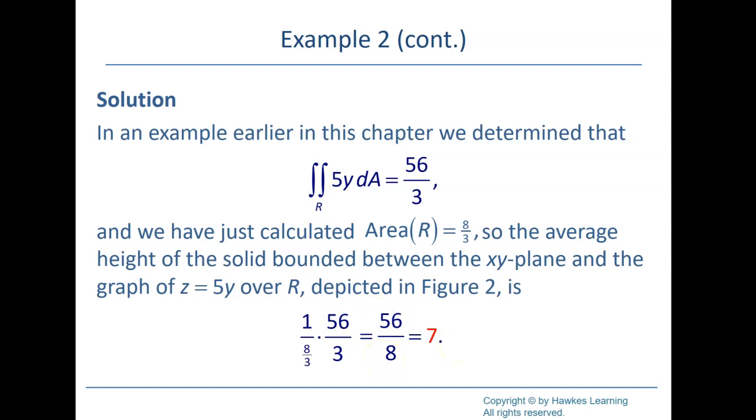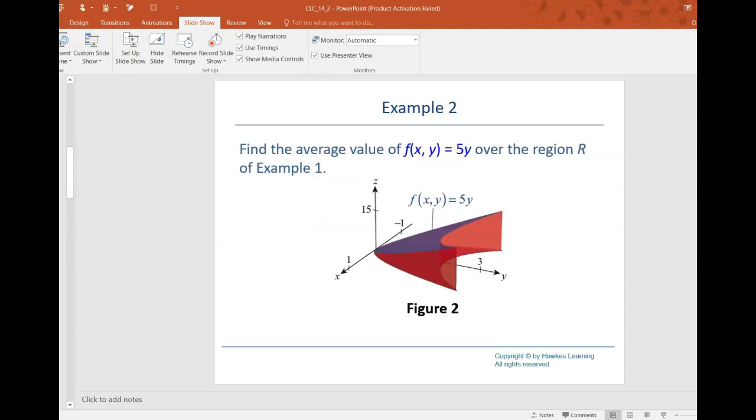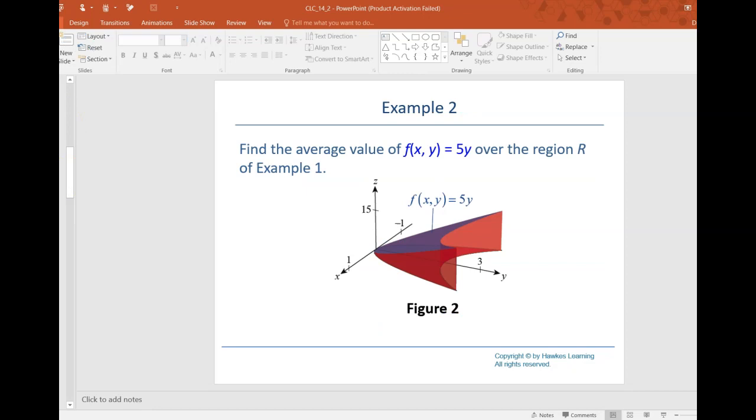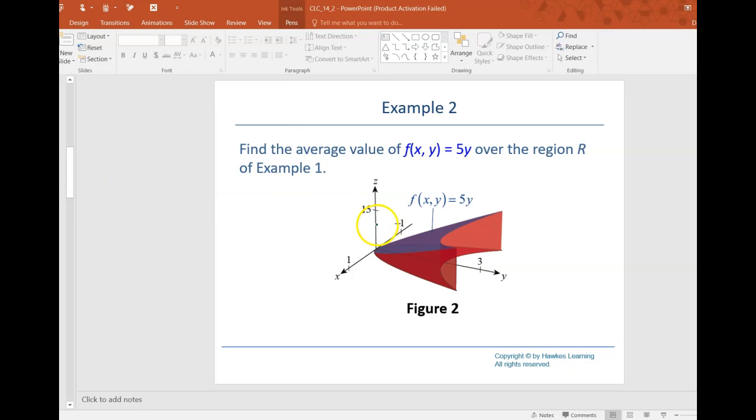All right, and so what does that mean? Well, let's go back to that picture. If we made a plane, let me use green. If we made a plane here, there's 15, so let's say that 7 is right there.